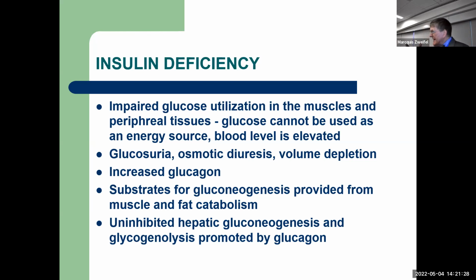So it takes the free fatty acids and generates ketones. Very inefficient fuel, but it is a fuel that the brain can survive on. And so that's the mechanism to save your life, to generate ketones so that the brain can function for a while. Again, very inefficient, but life-saving at the same time.